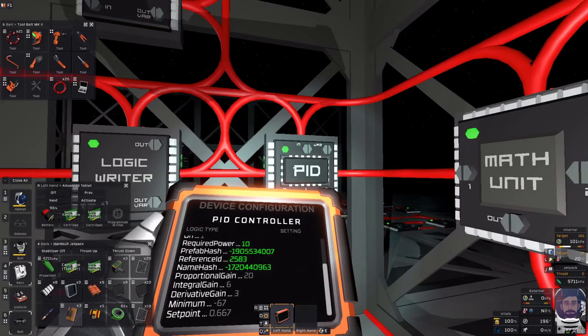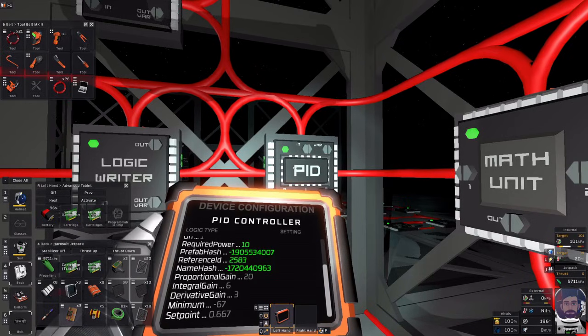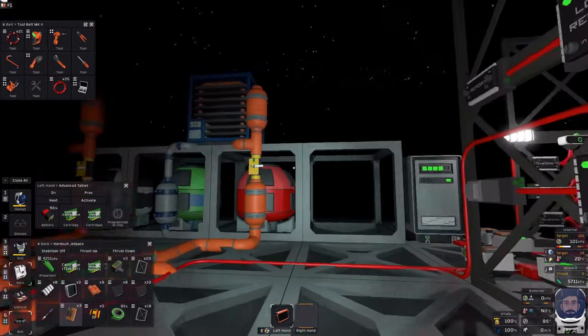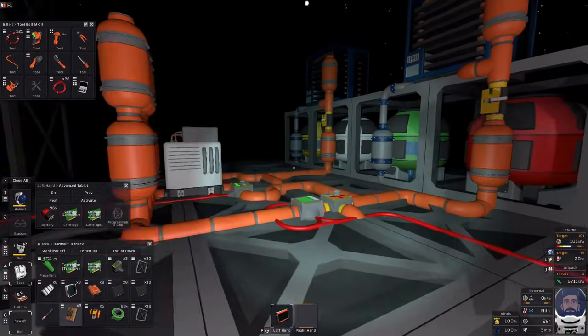I'm hoping that's not too high to force too big of a change, but enough to elicit some change. Meanwhile, my integral and derivative gain are just there to help smooth it out. But again, this is not very well tuned.